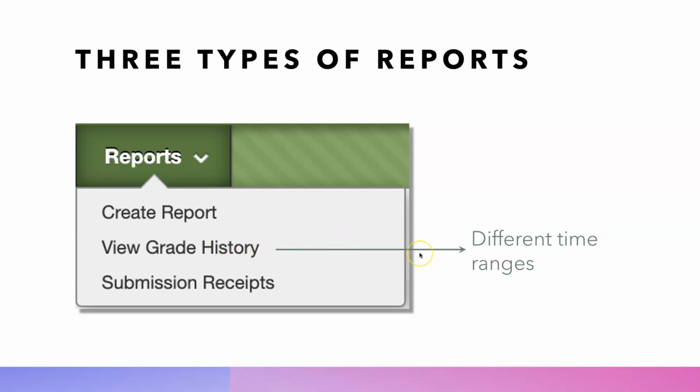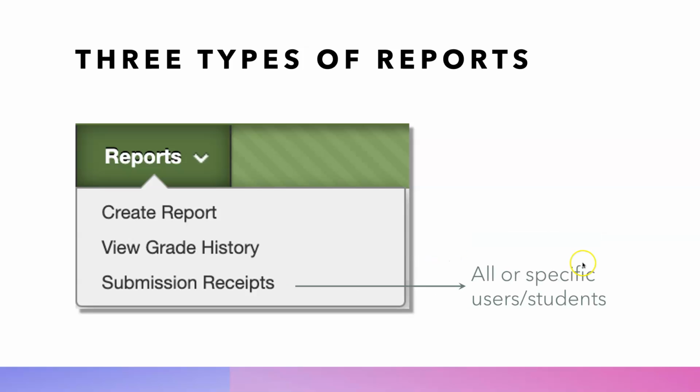This is especially helpful to document the time when specific items were graded and when the grade for these items was changed. The third report allows documentation of the timestamp for when the assignment was submitted. Here again, the report can be generated for specific students.